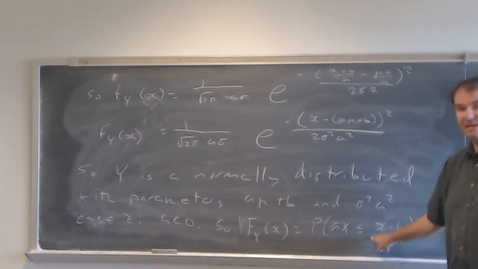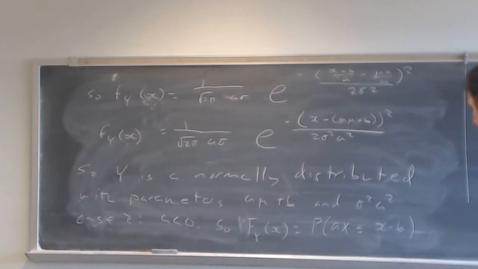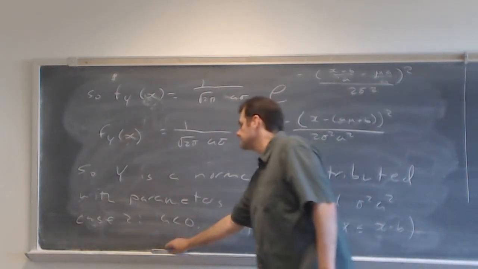And now I'm going to divide, like I did before, both sides by A, but I'm going to switch the inequality because A is a negative number.